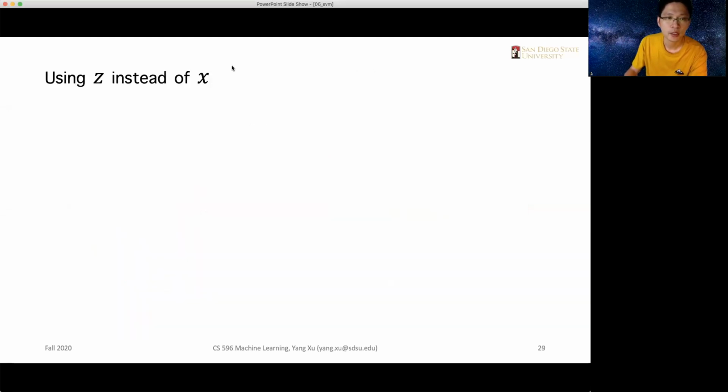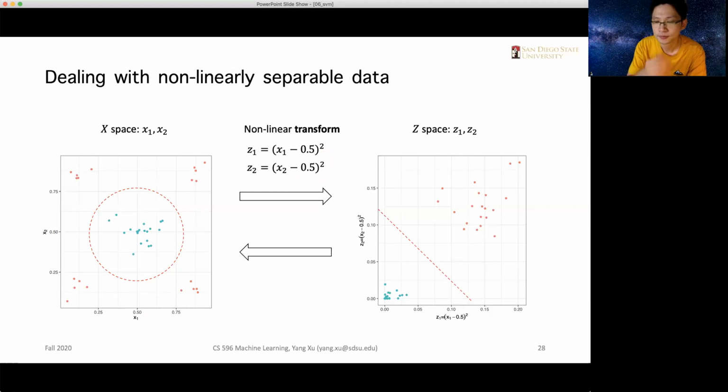Professor? Yes. Am I correct in saying that in regards to classification problems, we always want our decision boundary to be linear because it maximizes our margins? Is that why we're applying these transformations? Yeah, because the SVM model that we introduced in the previous slides defines the decision boundary as a linear function.